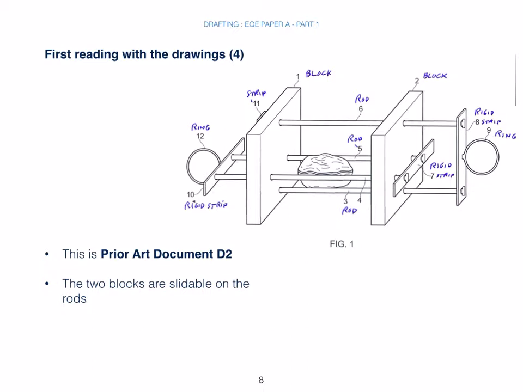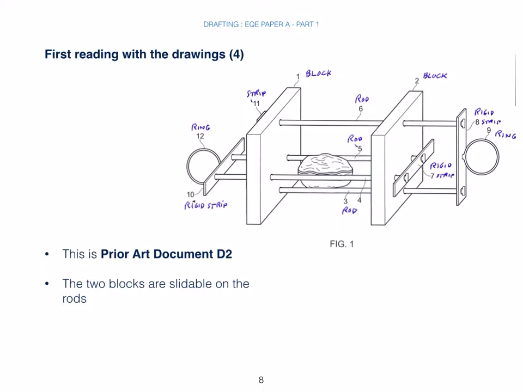And we can see in figure 4 that when the rings 9 and 10 are pulled further apart, the plates, I keep calling them plates, but they were blocks, the blocks 1 and 2 are squeezed even further together until the walnut is cracked. So we can see then that in this embodiment of D2, the 2 blocks are slidable on the 4 parallel rods.